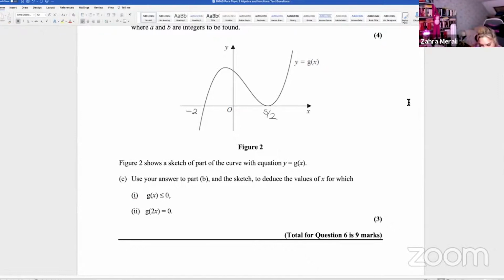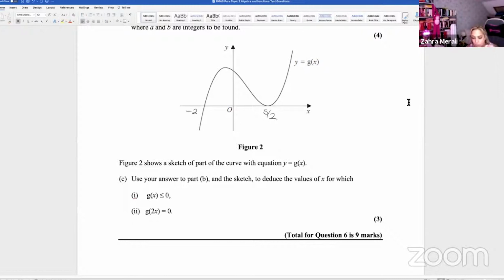And now they're saying, deduce the values for which g(x) is less than or equal to 0. So it equals 0. So this is my y values.